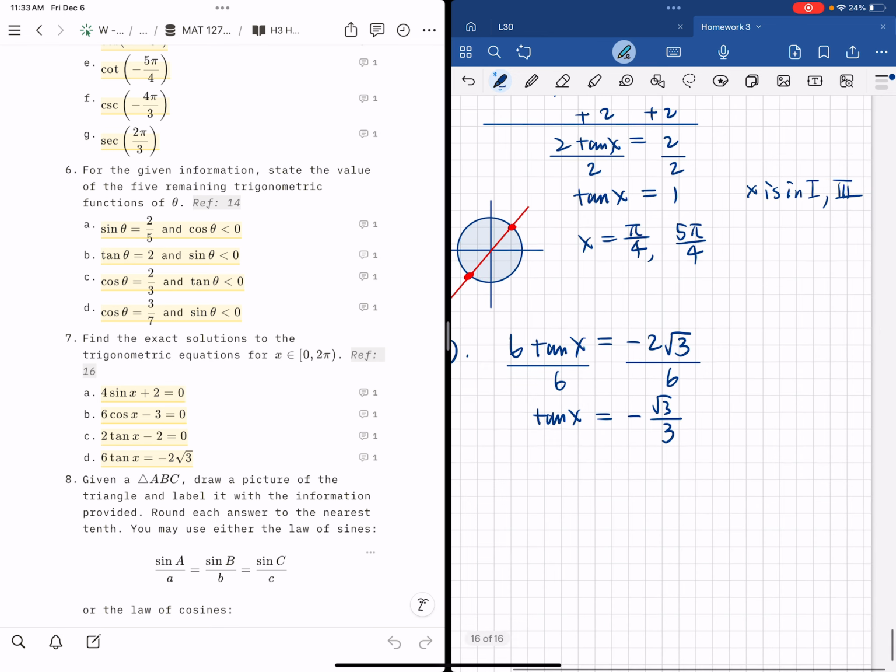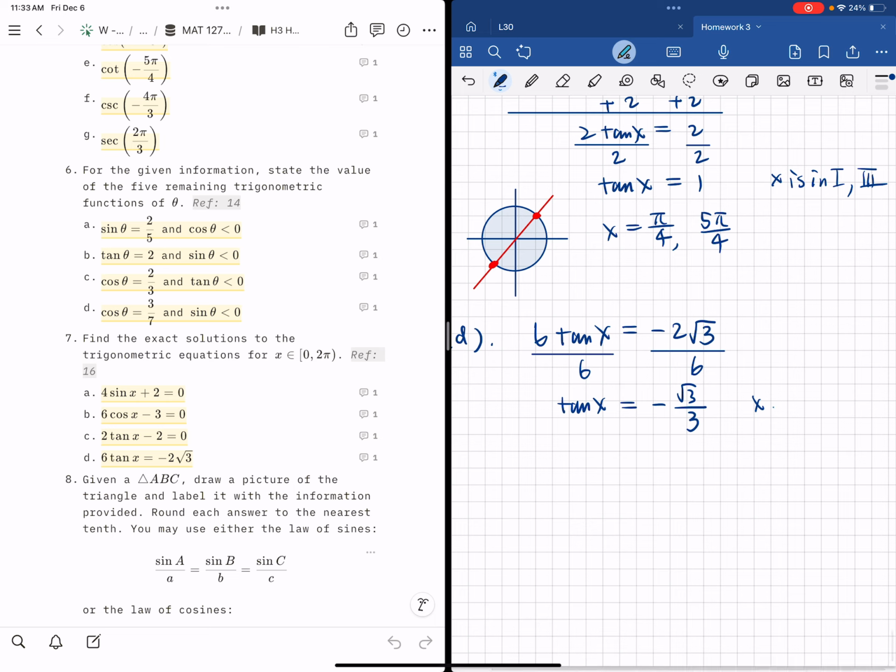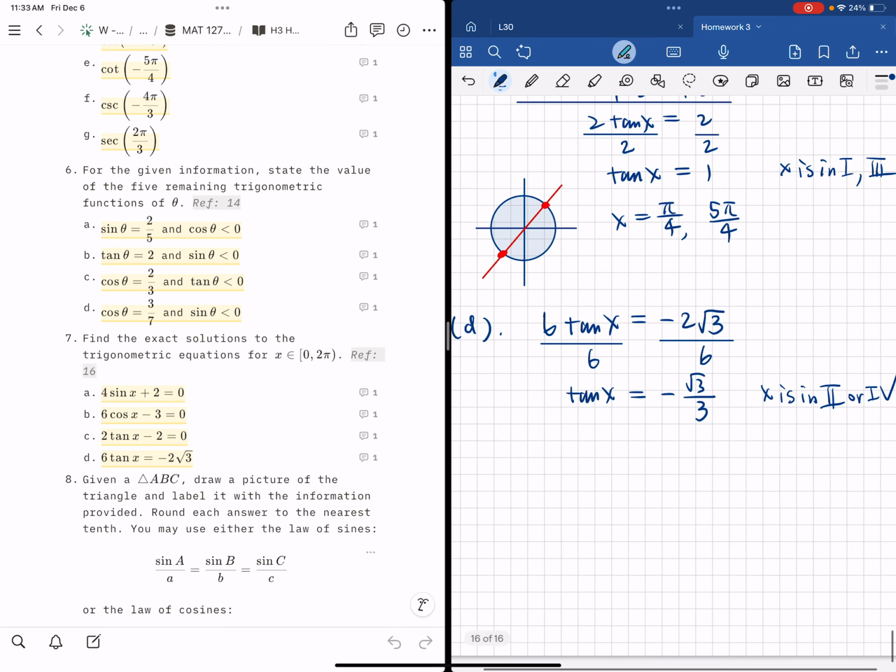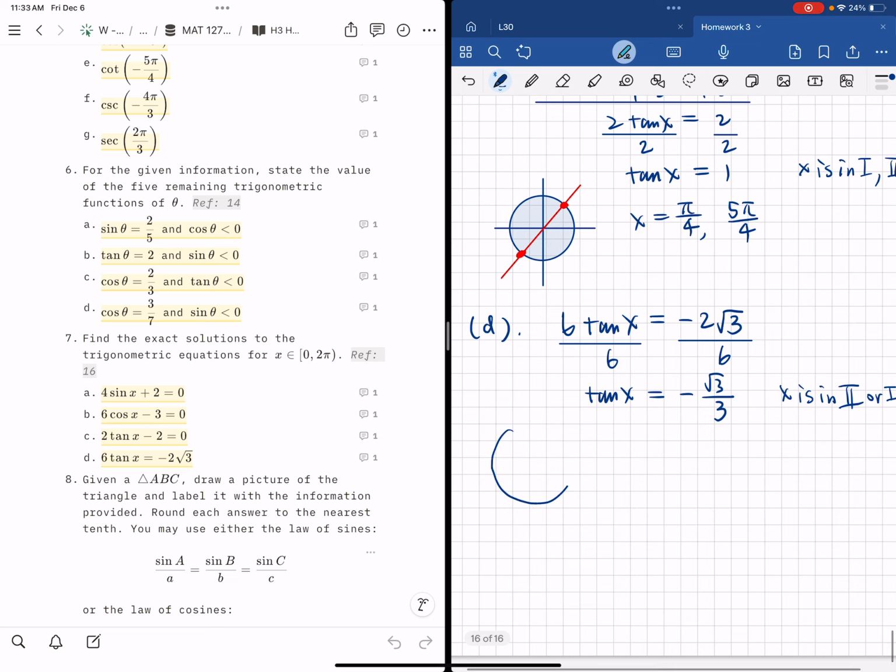And because tangent is negative, we conclude that x is in either the second quadrant or the fourth quadrant. So we could do a visual. And remember, tangent is sine divided by cosine. So the y coordinate and the x coordinate, first of all, they are opposites. They have negative signs.